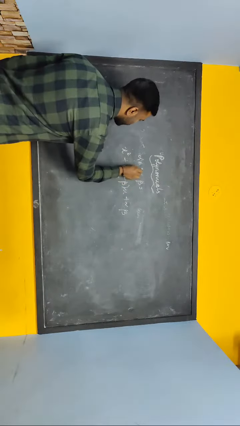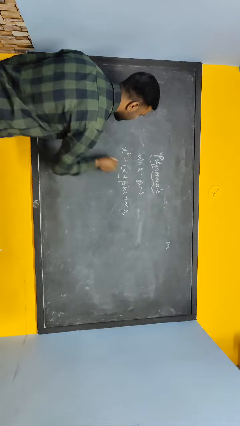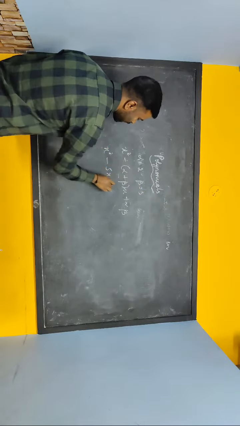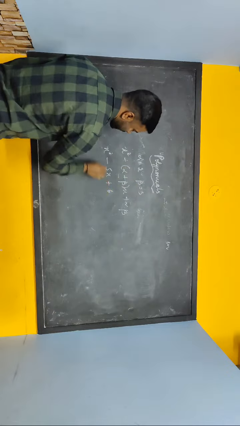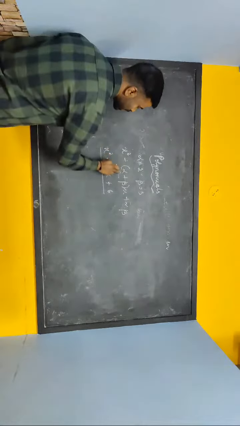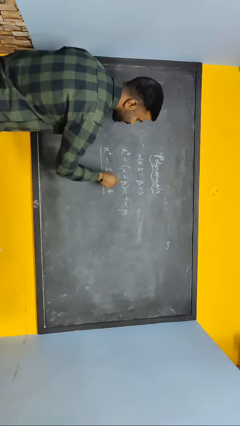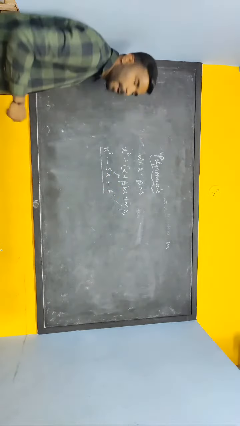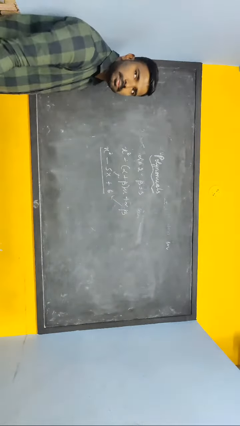For example, if I give alpha equals 2, beta equals 3, then x square minus 2 plus 3 is 5, 5x plus 2 into 3 is 6. Therefore, the sum of zeros is 5, product of zeros is 6. If we substitute that, we will get the quadratic polynomial.